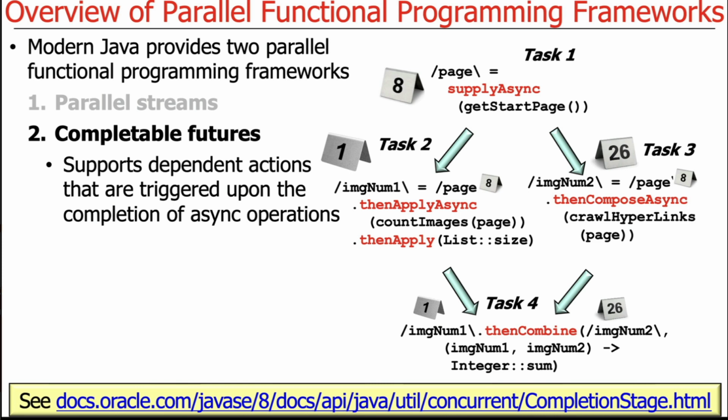So you can start out by getting the start page asynchronously, so get me the contents of ESPN.com or whatever. And then you will then have what's called a completable future, which I think of as like a table tent number. If you ever go to a fast food restaurant and you order something, they'll say, we'll cook it for you, we'll bring it out to you. And they'll give you like a little token. Back in the day, they'd give you a plastic token called a table tent number.